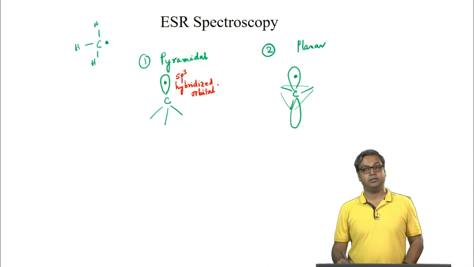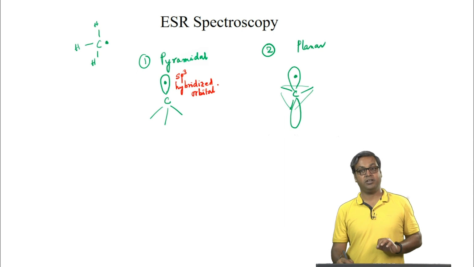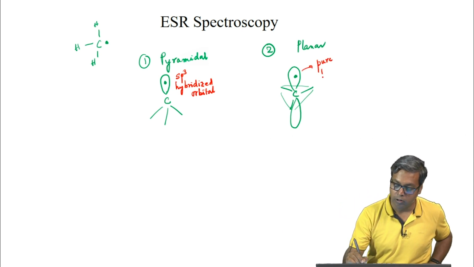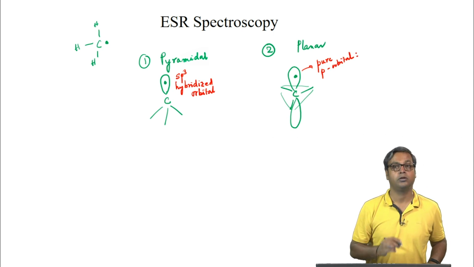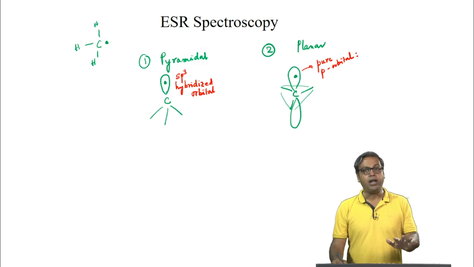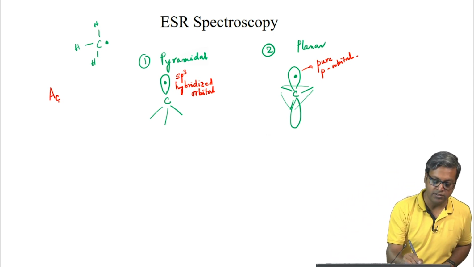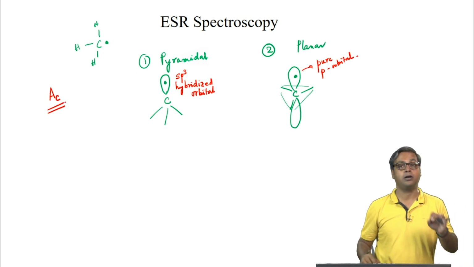On the other hand, in the planar geometry, the electron is in a pure p orbital. So, one has to know the value of A C, where C stands for carbon.